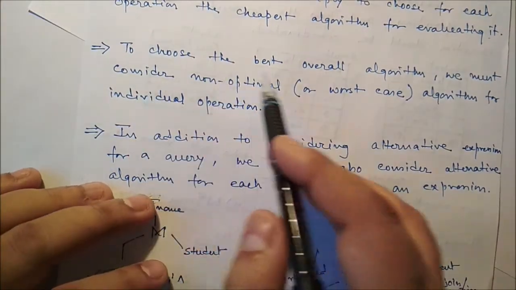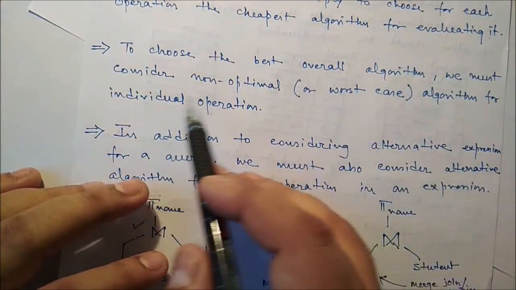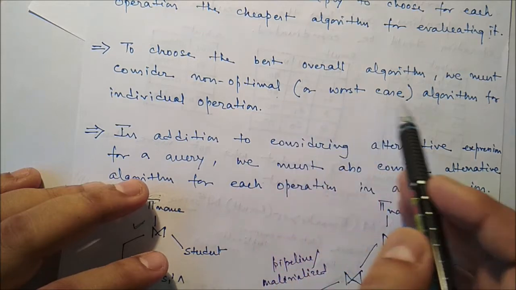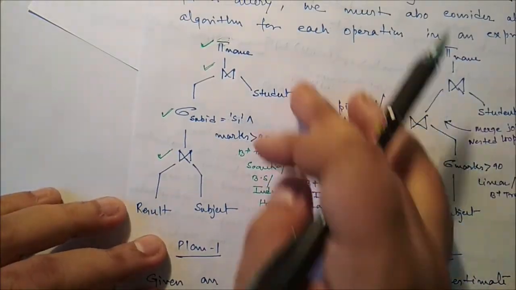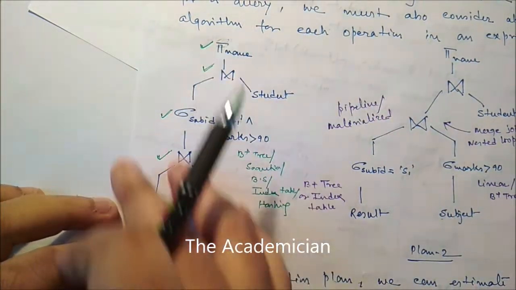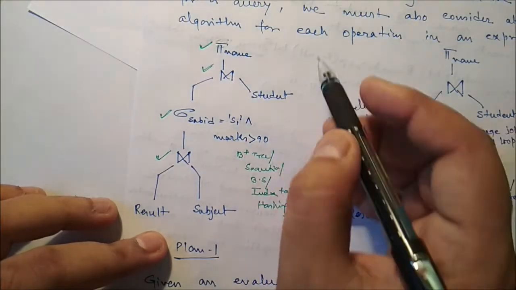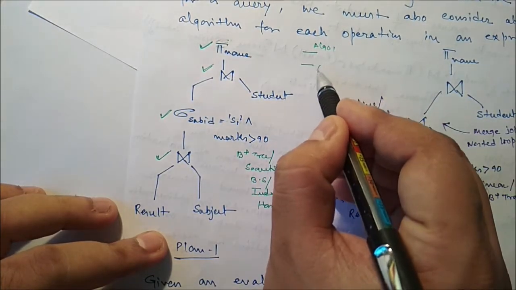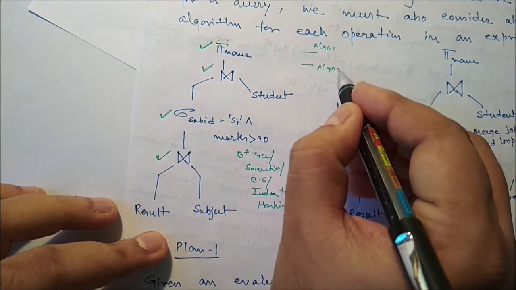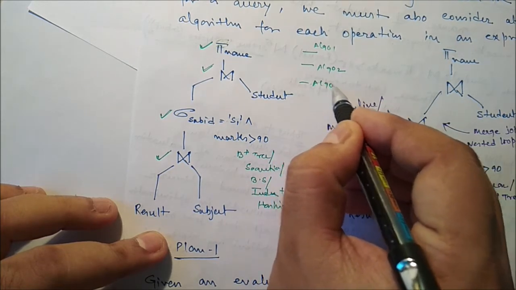Now, to choose the best overall algorithm, we must consider the non-optimal or worst case algorithm for each individual operation. Say three evaluation plans are there: algorithm 1, algorithm 2, and algorithm 3.